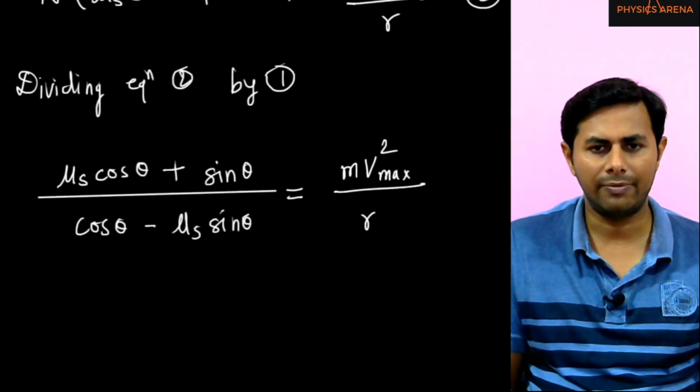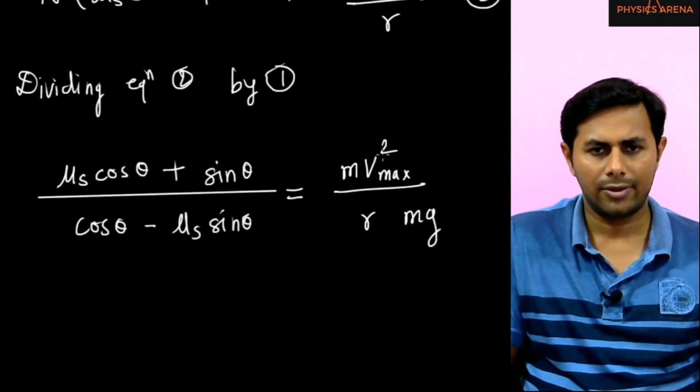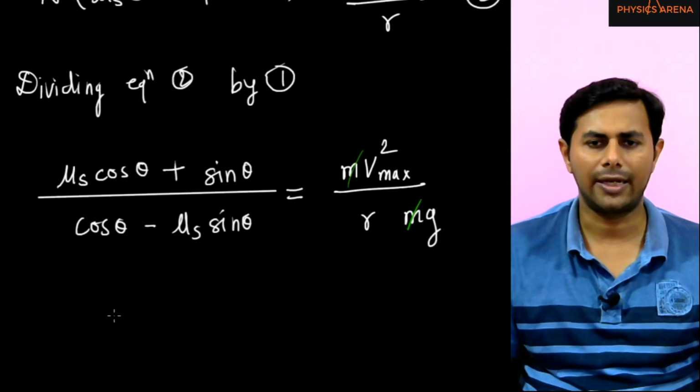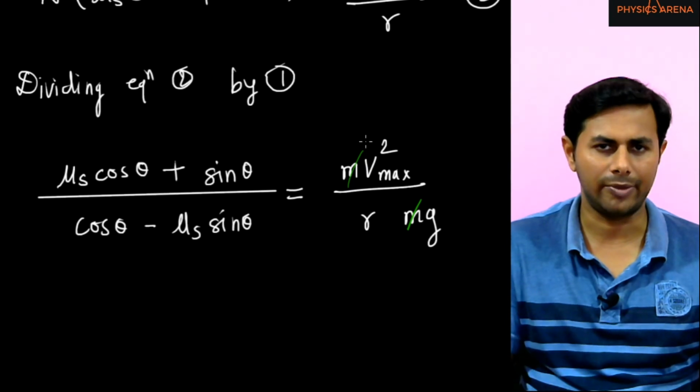So dividing by that, m and m get cancelled, then r and g we can take to the other side to get the maximum safety speed.